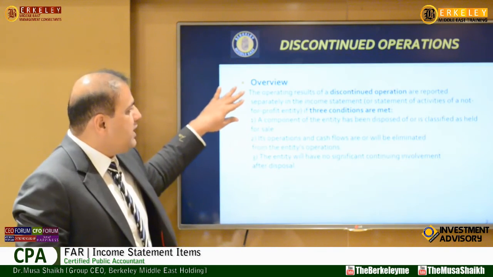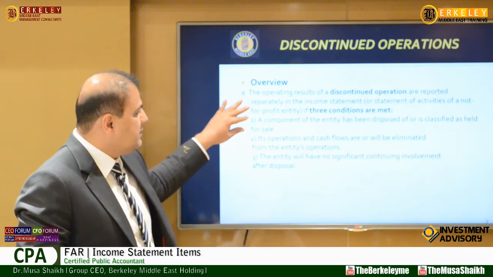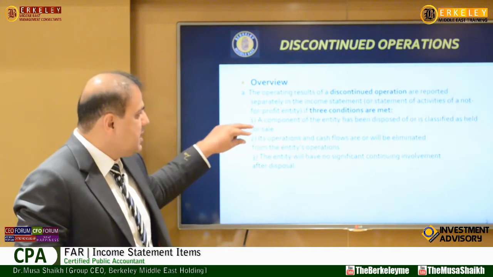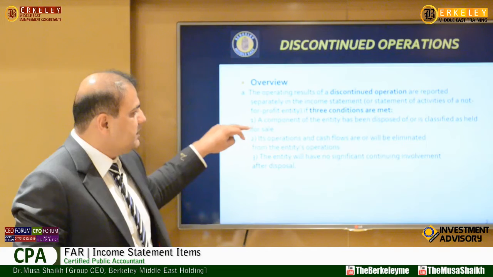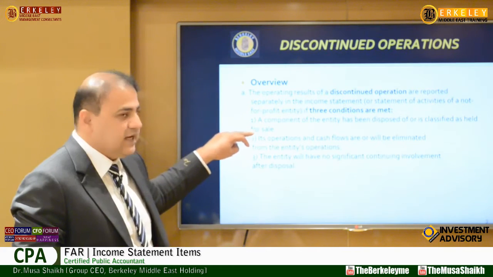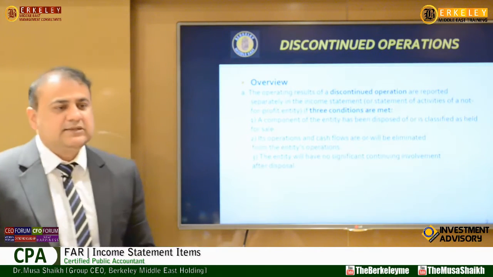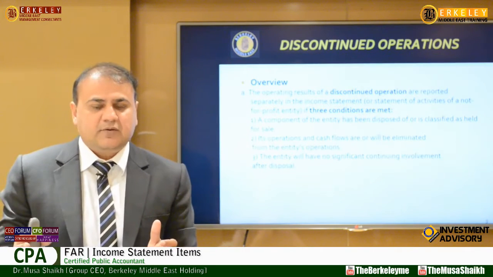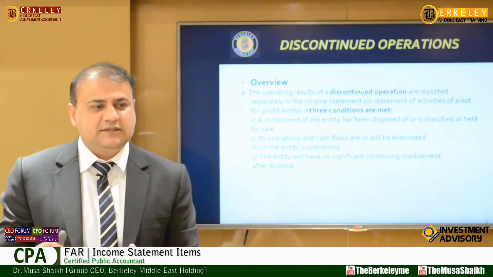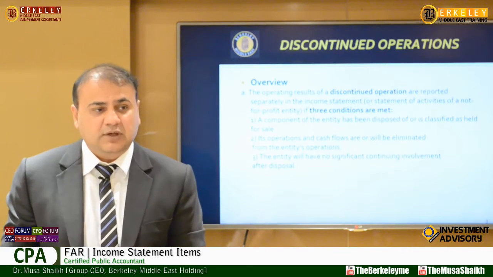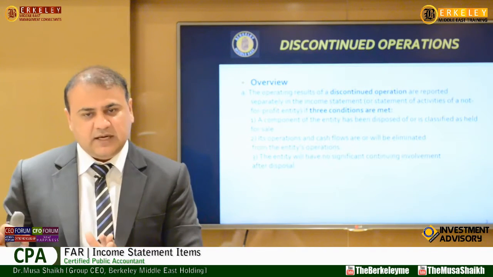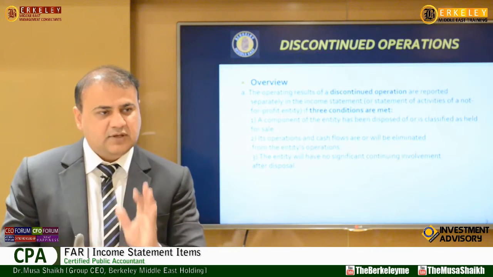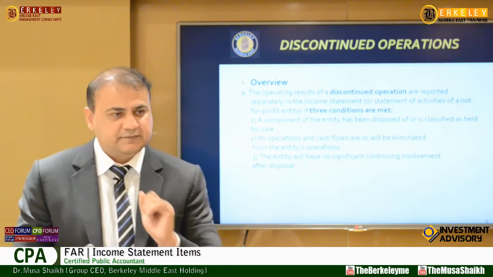So it says a unit is discontinued if 3 conditions are met. One is a component of the entity has been disposed of or classified as held for sale. Sometimes you say, okay, now we are going to sell it. Management has decided. So it is not actually sold, but you have classified it as a current asset held for sale.